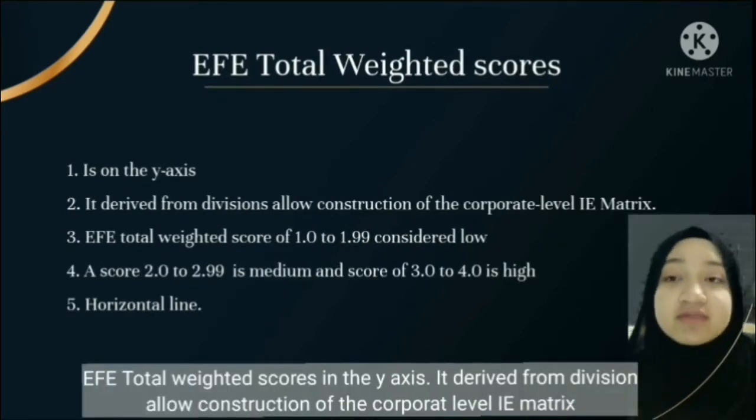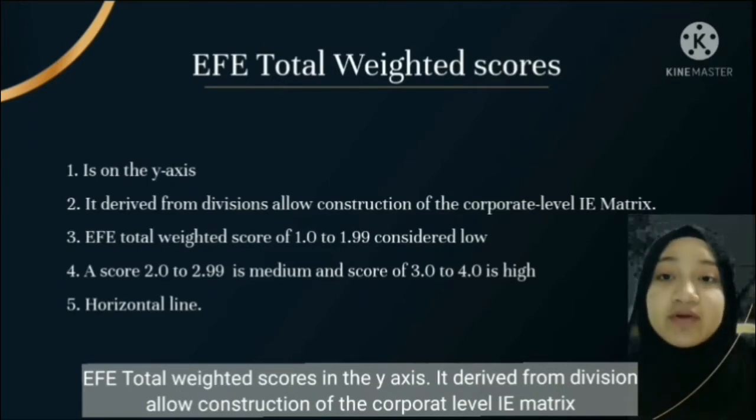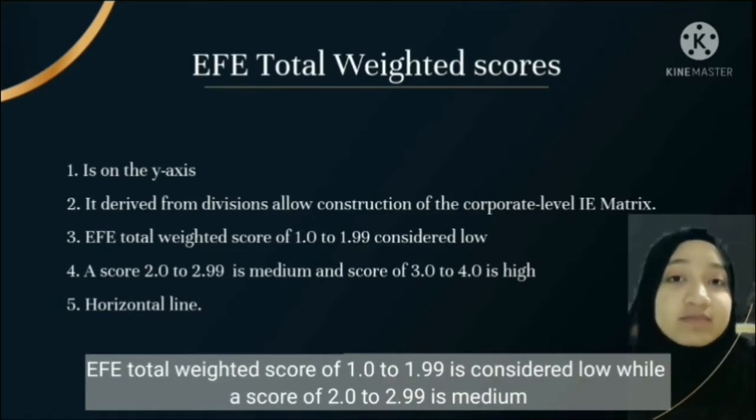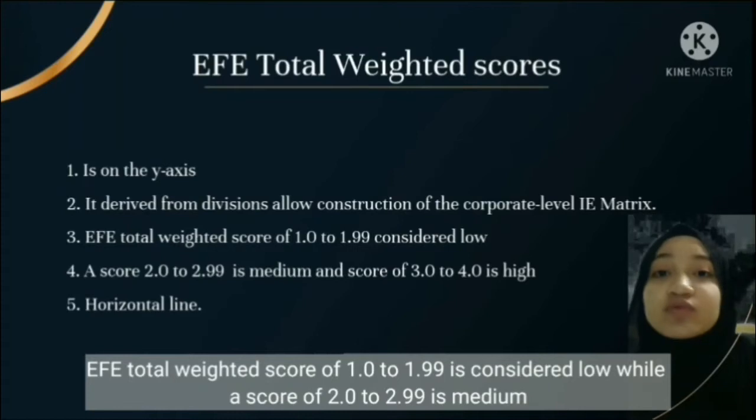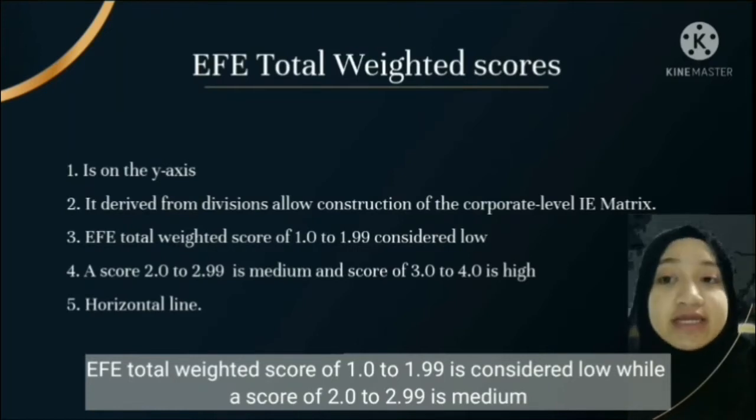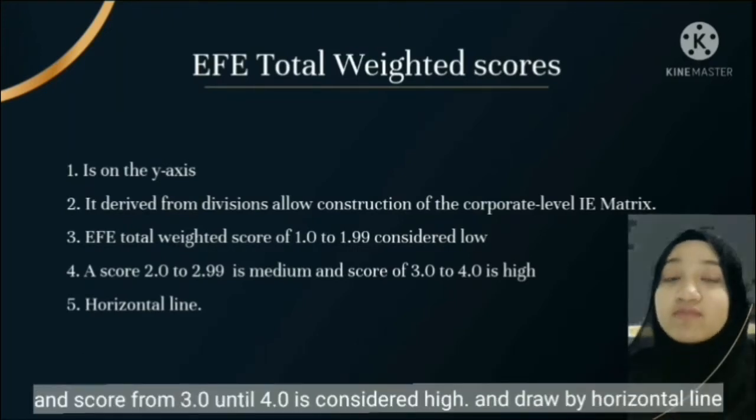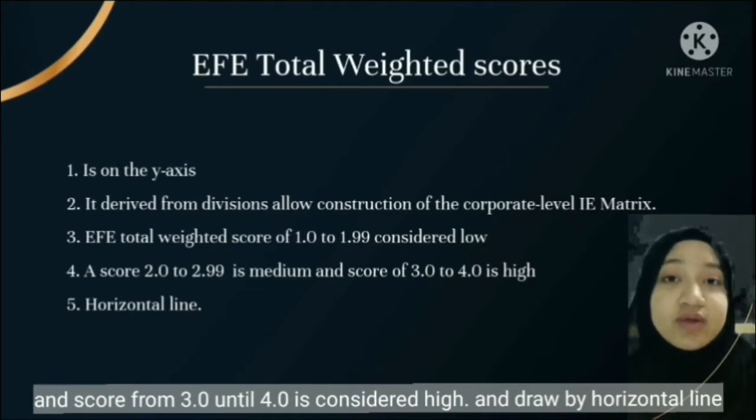It is derived from the divisions and allows construction of the corporate level IE matrix. An EFE total weighted score of 1.0 to 1.99 is considered low, while a score from 2.0 to 2.99 is medium, and a score from 3.0 until 4.0 is considered high, and it is drawn by a horizontal line.